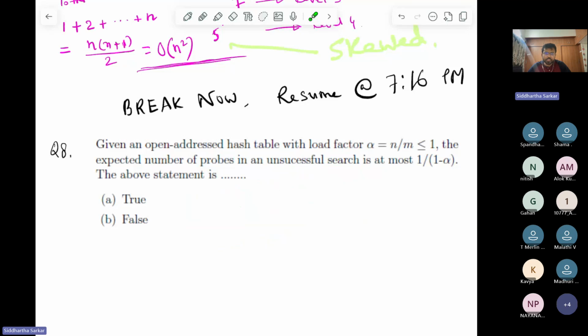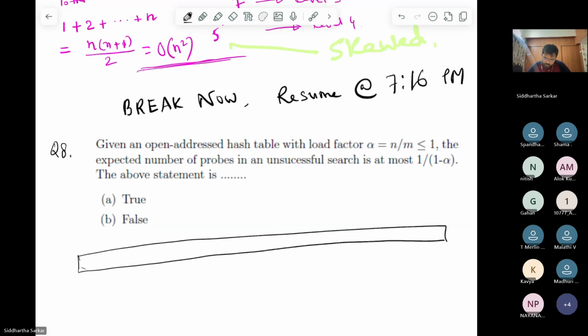So let us explain the question a bit. You have a hash table, but it is open addressed. So what is a hash table? It's an array. You know that load factor is n by m.